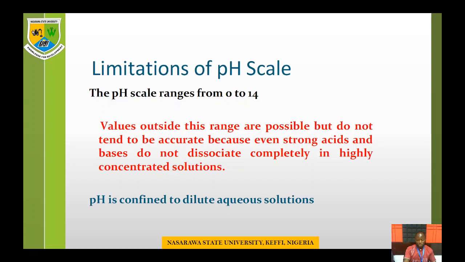So for a solution's pH to be measurable, it must be dilute and aqueous. So that's another limitation. Because we know that we have other solutions that are not dilute and are not aqueous, yet they are solutions, but in such circumstances the pH cannot be measured, so it's a limitation.